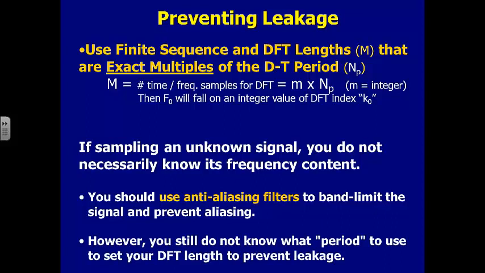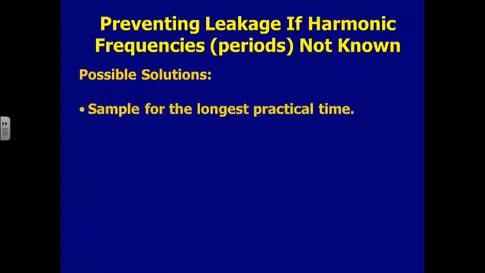But if you don't know what period you're getting in your waveforms, you're going to need to do something about leakage. What do you do? Well, first choice, get more samples. How does that help you? Well, think of an IIR impulse response. It's dying out, right?